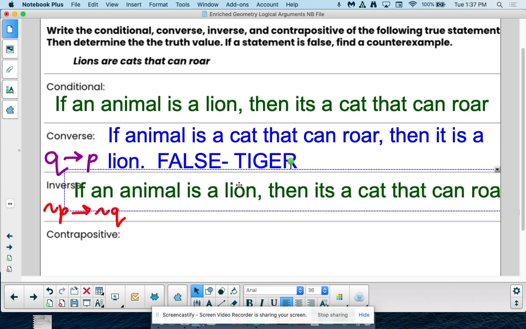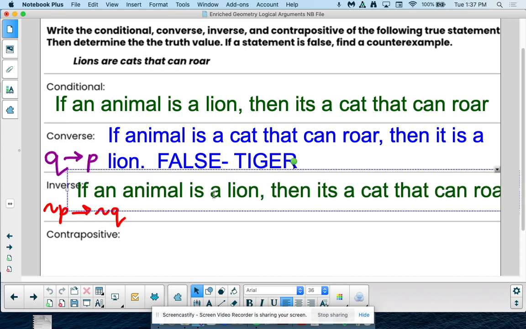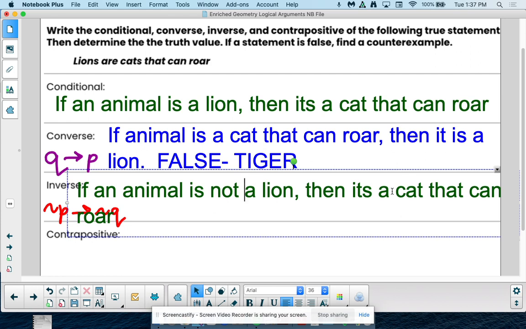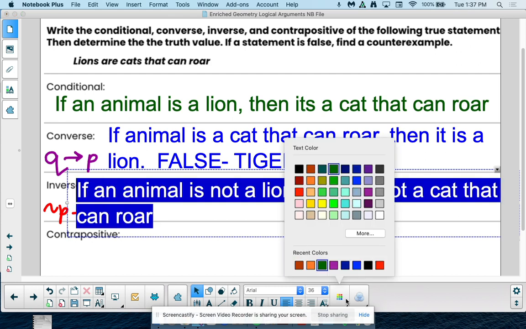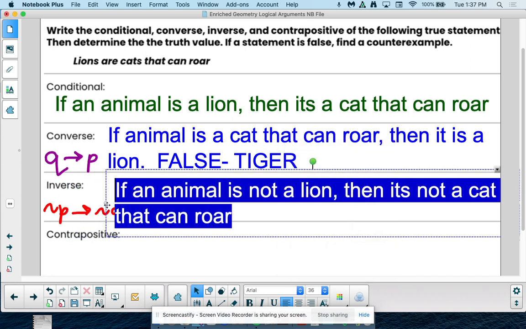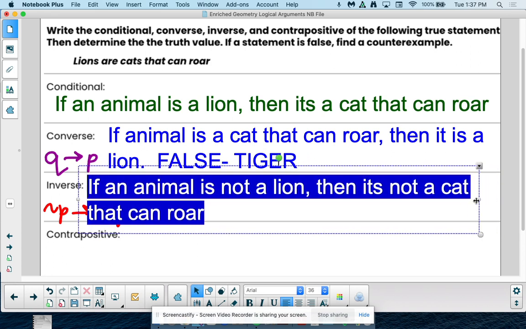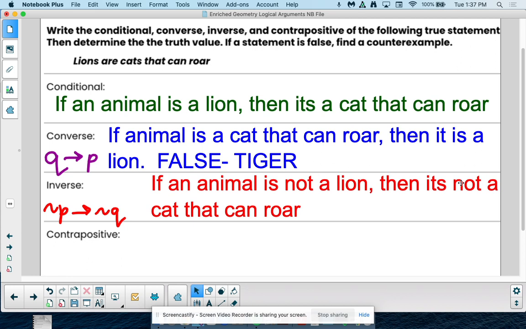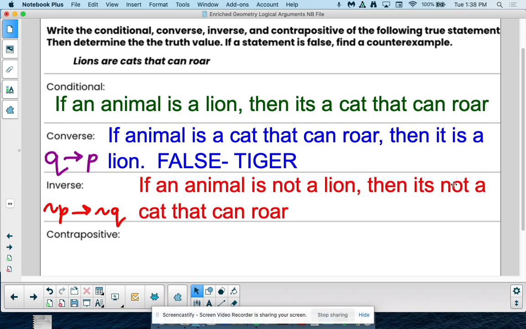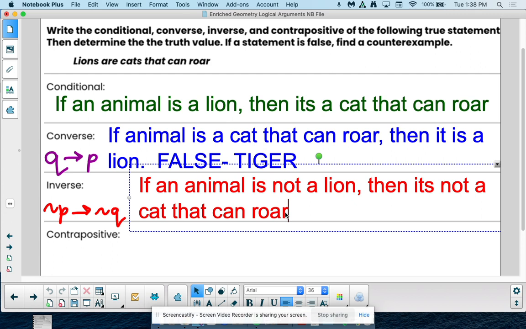If an animal is not a lion, then it is not a cat that can roar. Is that one true or false? False. Why is it false? Tiger? Yep.